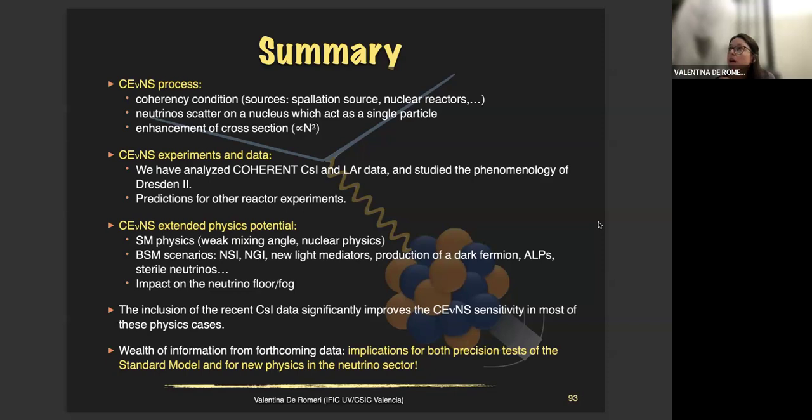Okay, good question. Let me think. What you're looking at here is really the scattering within the detector, right?